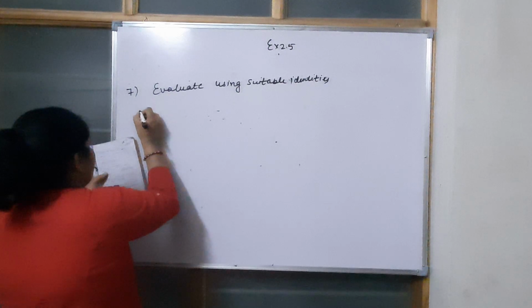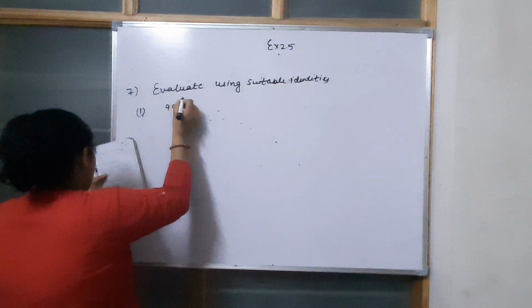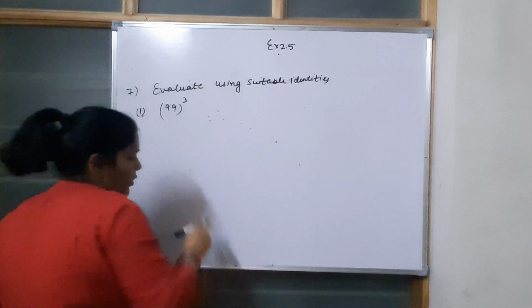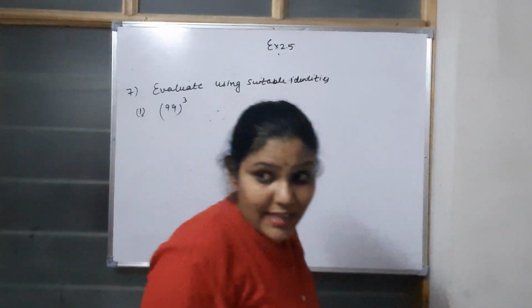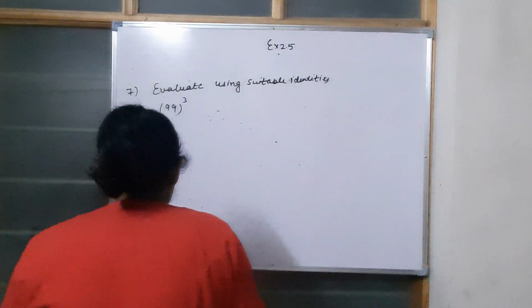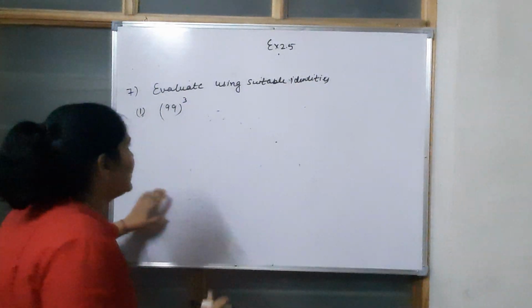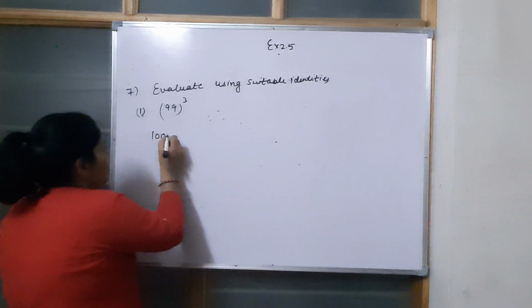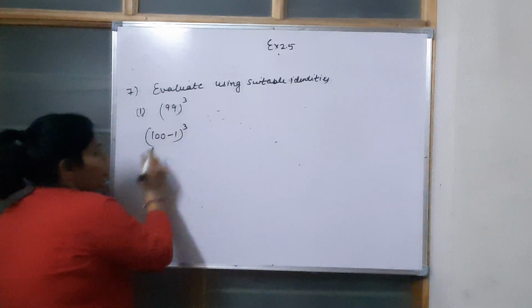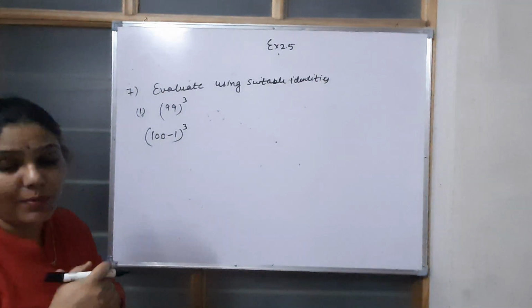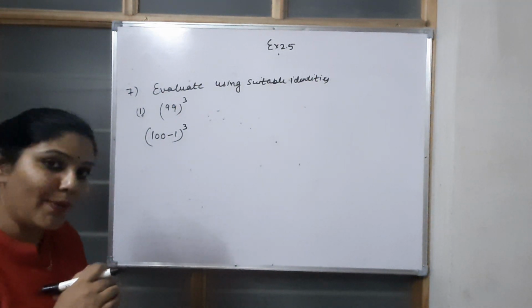Just look here: 99 whole cube. We just need to apply an identity to evaluate it. So how would you write 99? 99 can be written as (100 minus 1) whole cube.